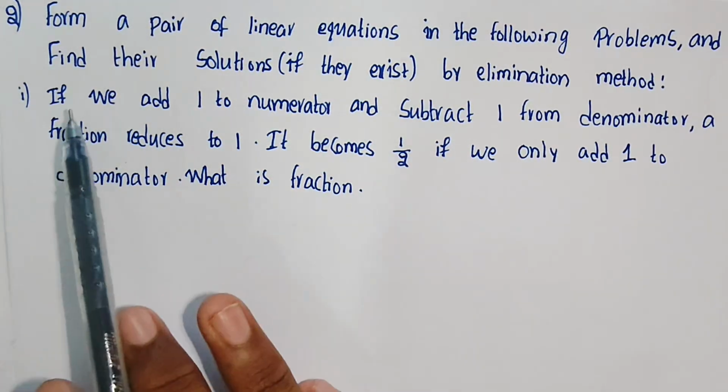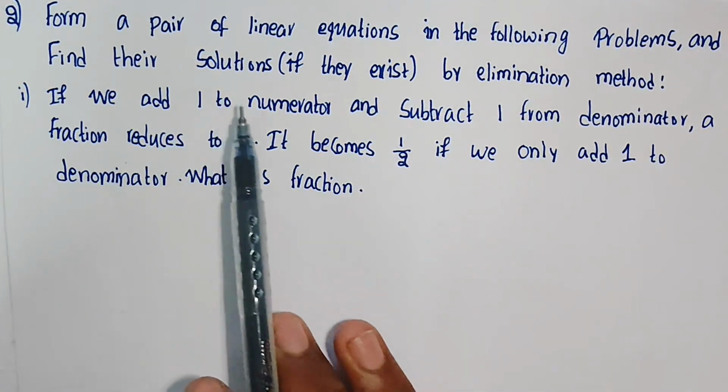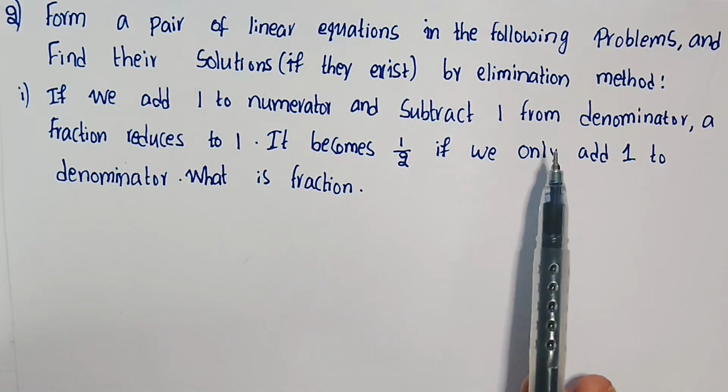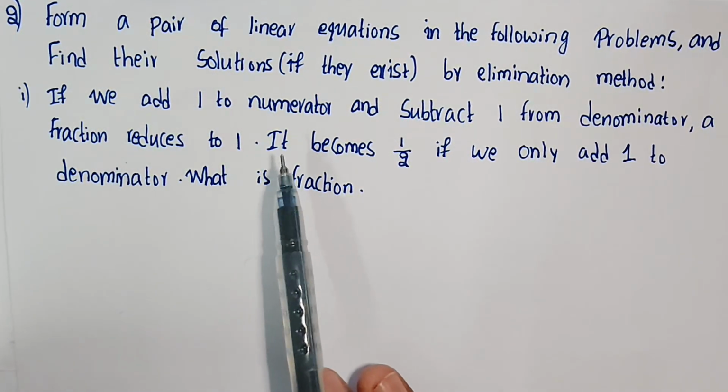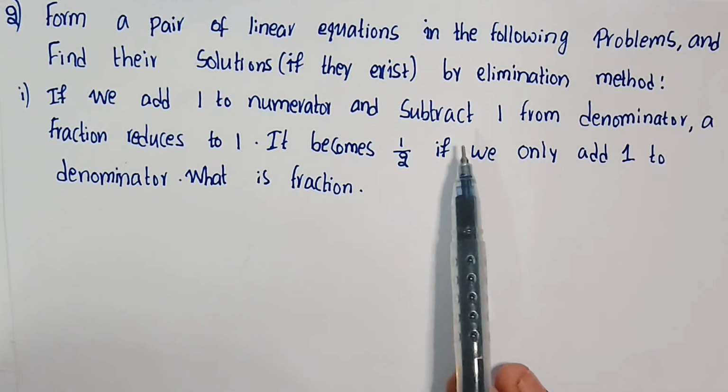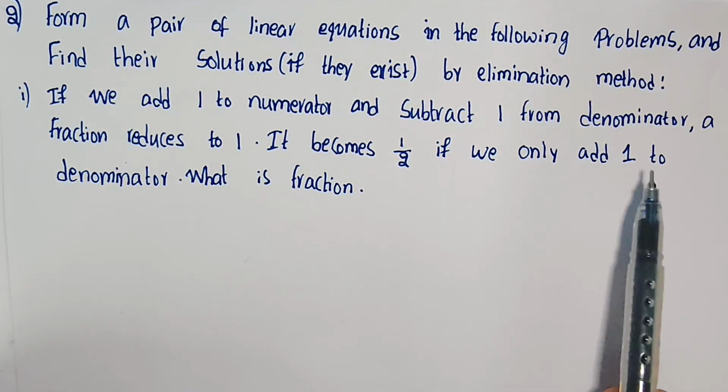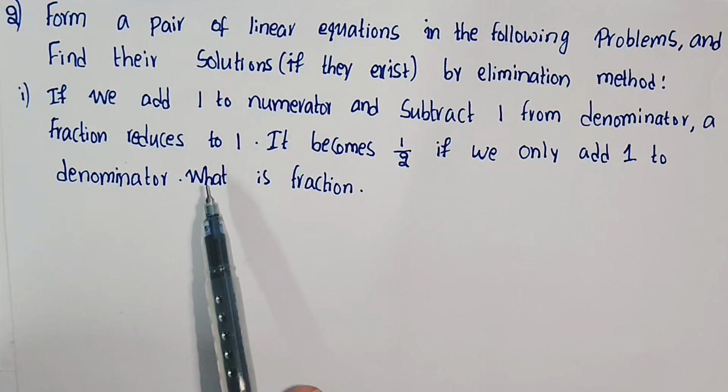So here first problem is, if we add 1 to the numerator and subtract 1 from the denominator, a fraction reduces to 1. After, it becomes 1 by 2 if we only add 1 to denominator.